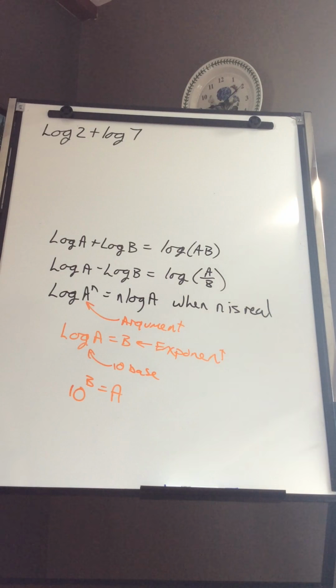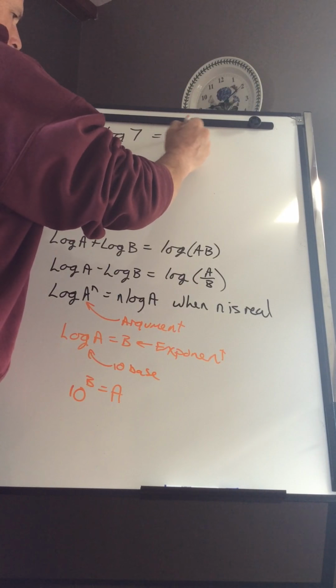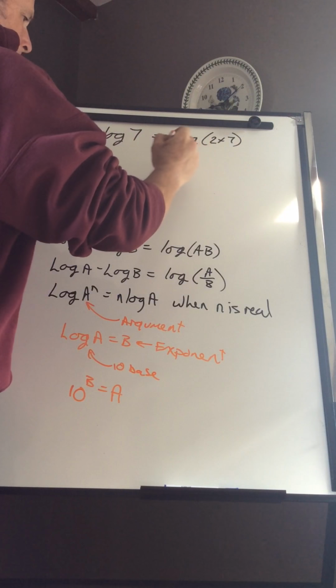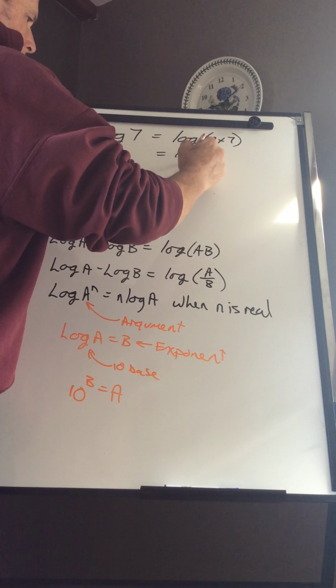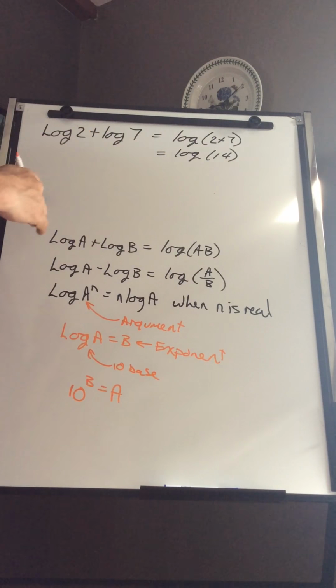Based on the law that we have, that's going to be equal to log 2 times 7, which is log 14. Being able to understand some of these basic little properties to begin with will be very helpful.